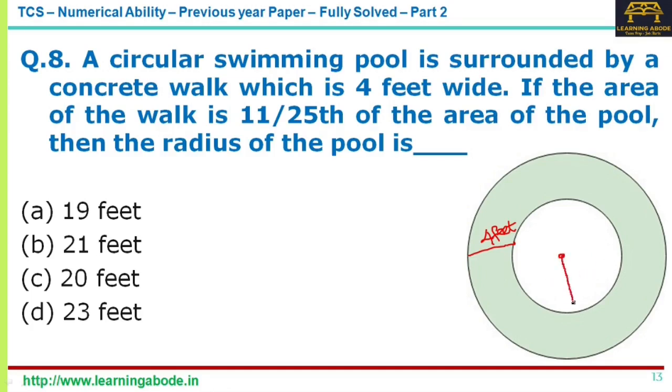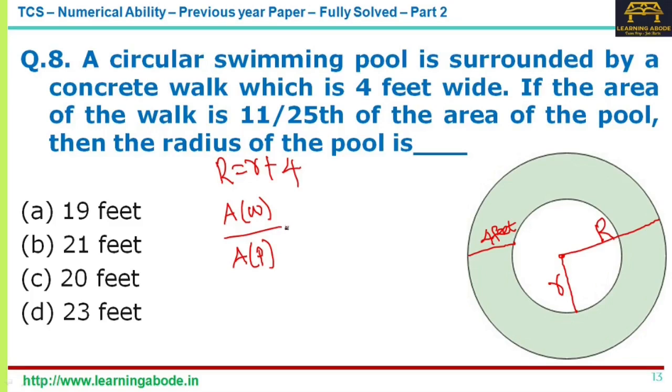You can take the radius of the pool to be small r, and the radius of the larger circle we can take as capital R. So we know capital R is equal to small r, the radius of the pool, plus the width of the sidewalk. Now what is given to us is that the area of the walk by the area of the pool is in the ratio 11 by 25.